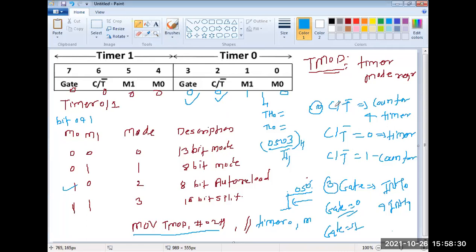Right, for bit number 2, C/T bar, C oblique T bar, and this operation.